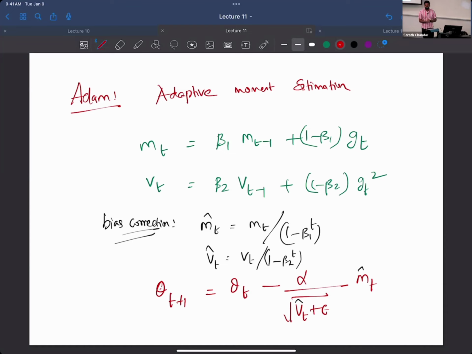So these kind of things you will learn if you try running different values of epsilon, different values of gamma, different values of rho, etc. Okay, and you have to do this for a bunch of models, a bunch of data sets, so that you get a better sense of these hyperparameters. Is that clear? So that would make a huge difference in your understanding of how to train neural networks.